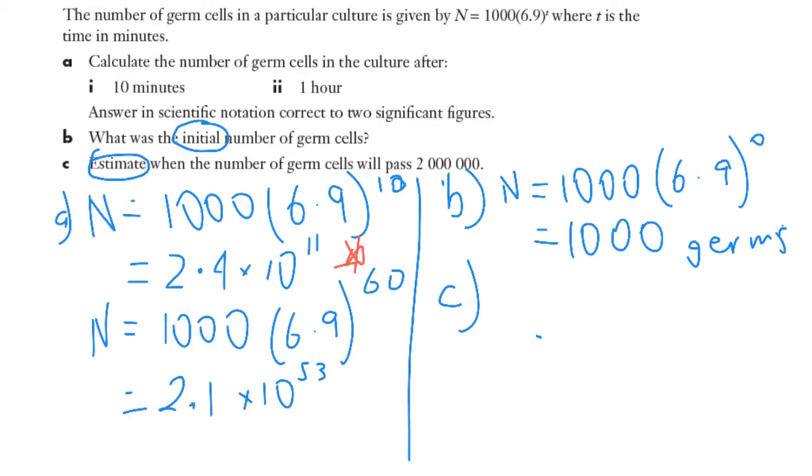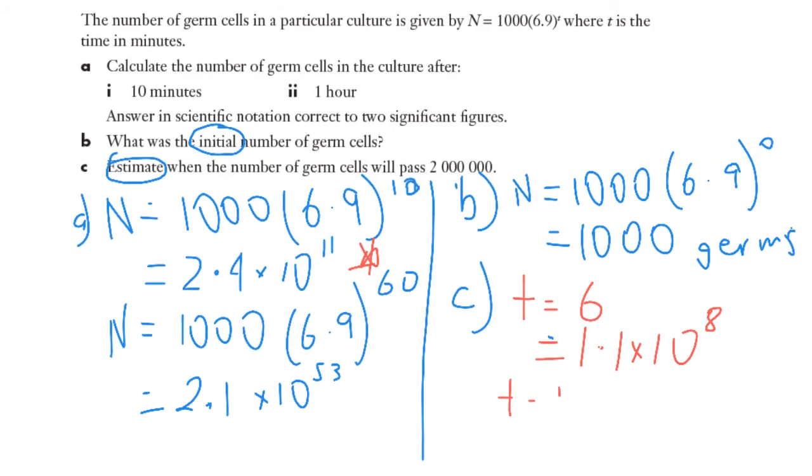So let's see what we could do. Let's pick some numbers here. If I pick t equals, say, let's pick 6. It's just a little bit smaller, and that gives me somewhere in the vicinity of 1.1 times 10 to the power of 8, which is still far too big. So if we pick t equals 4, I'm just picking numbers that make this smaller, by the way.